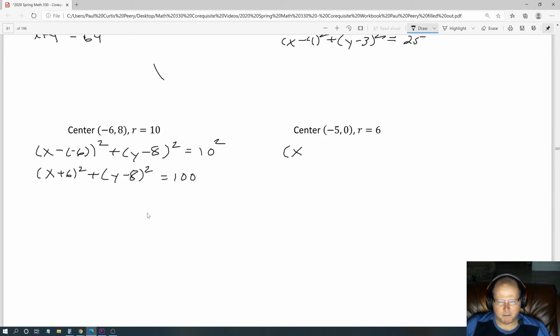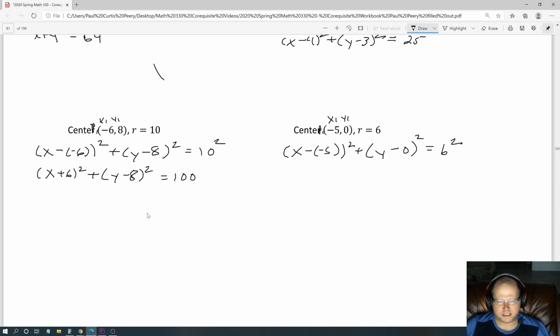Well, it's going to be x minus negative 5 plus y minus the y in this point right here, which is a 0. And then we have 6 squared, which is the radius. I didn't label it, but you could label this if you need to. You can label this as point 1, (x1, y1), but that's not really necessary.